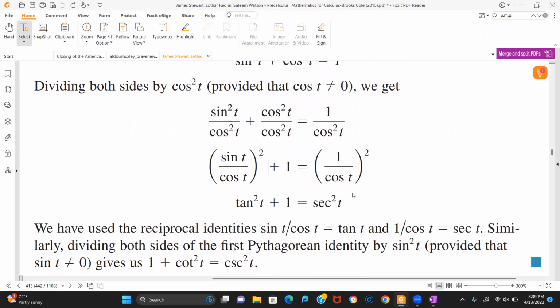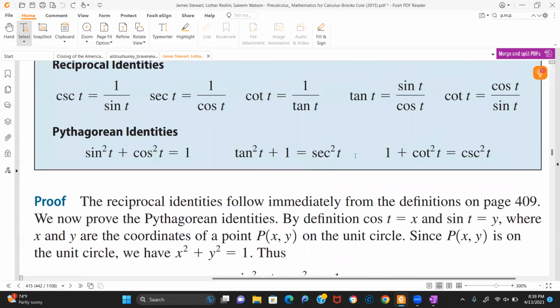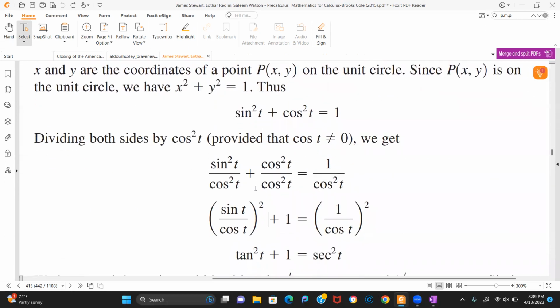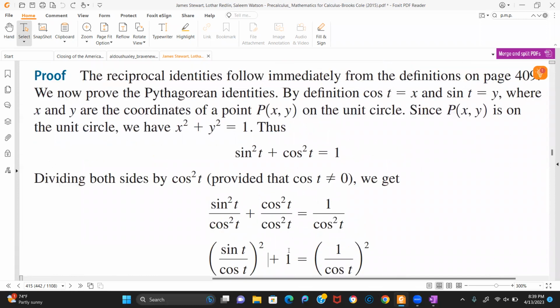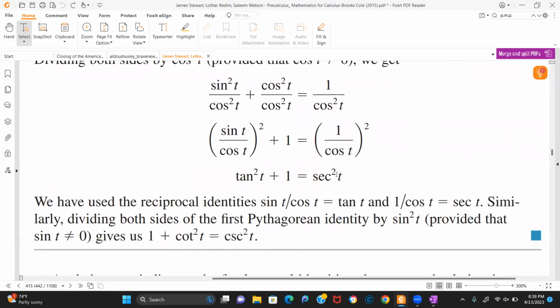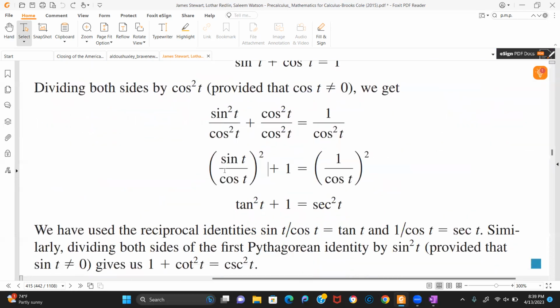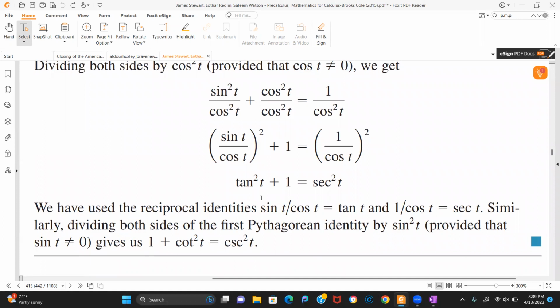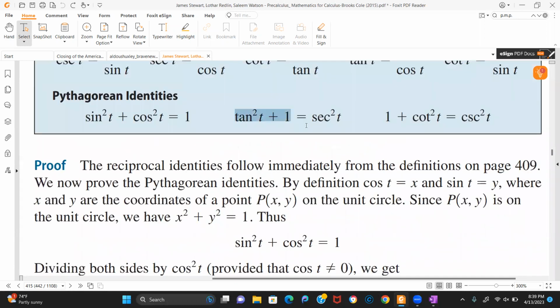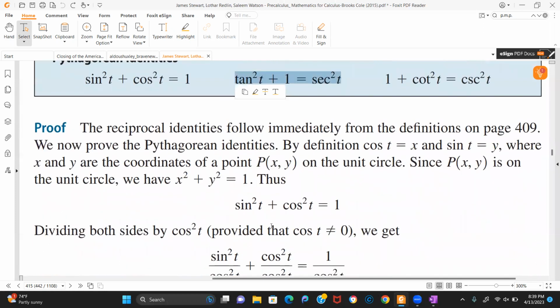From the reciprocal identities, we know sine t over cosine t is tangent, so that's where we get tangent squared. And 1 over cosine t is secant t. That gives us the second identity. The third one is pretty much the same proof, except you divide by sine t to get that other identity.